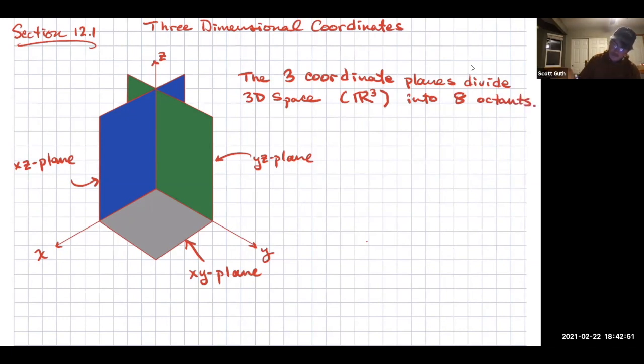We don't really number them except for the first octant.